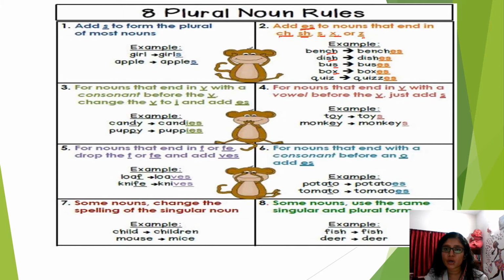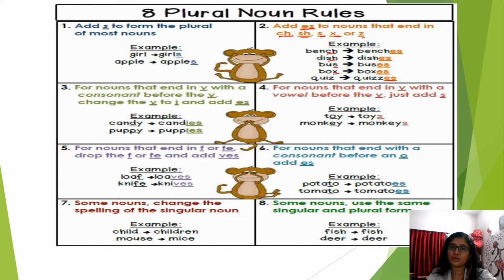So boxes. Quiz. This is a word that ends in z. So you are replacing it with es. So this is one rule. The first rule, the normal rule, is that you just add s to the end of the word. Once you learn all these rules, you will be able to identify what kind of noun it is.